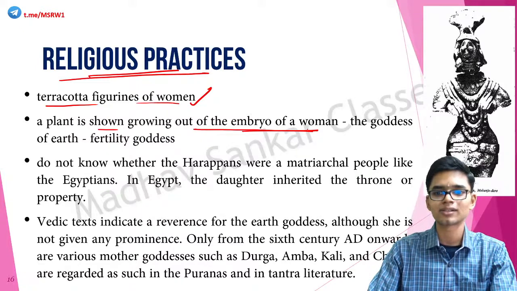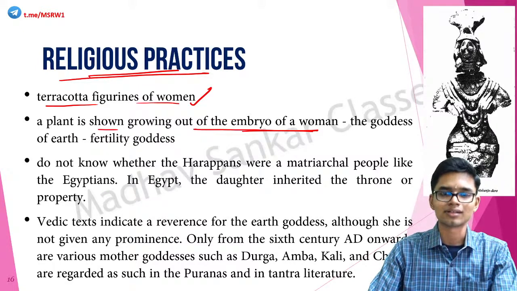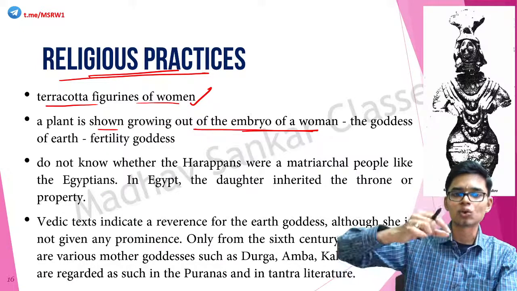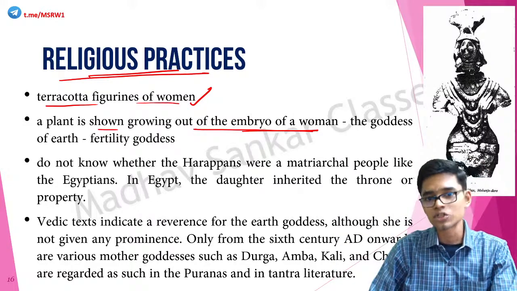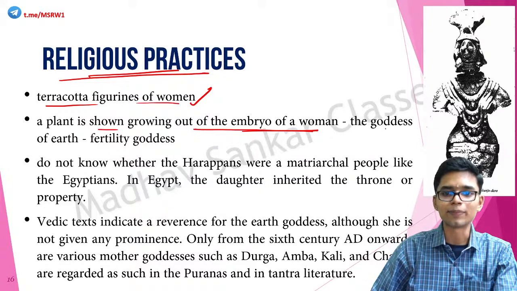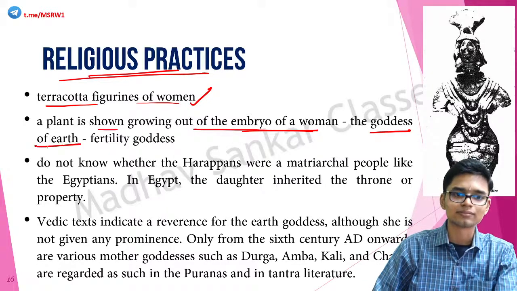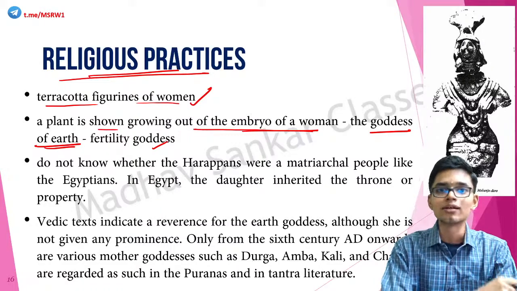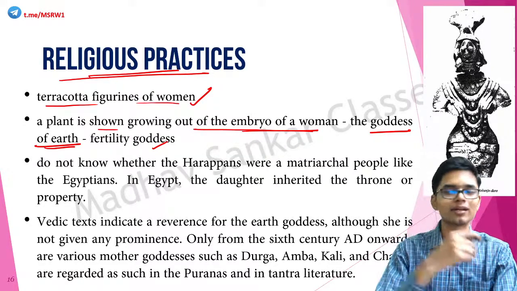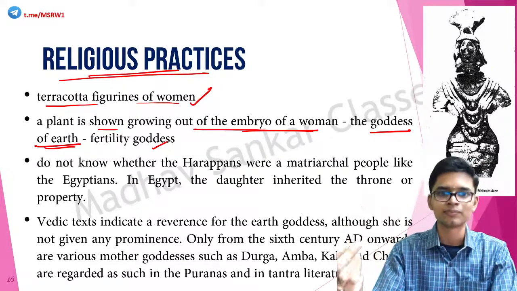We have come across another such image where a plant is shown growing out of the embryo of a woman. So historians believe that this is actually the depiction of goddess Earth, the fertility goddess. Goddess Earth has been worshipped by them, at least that is what the historians believe.